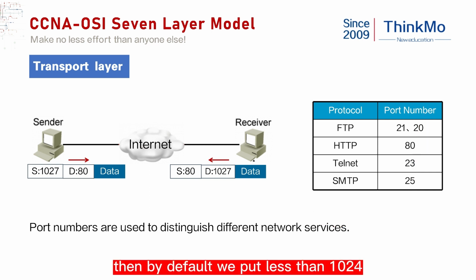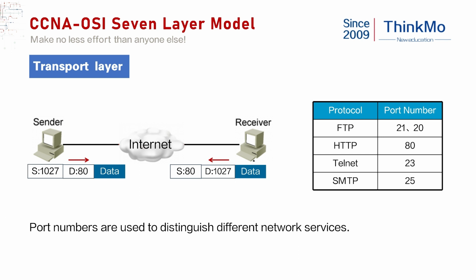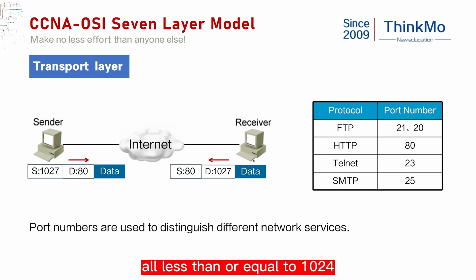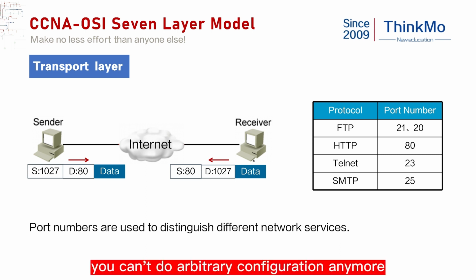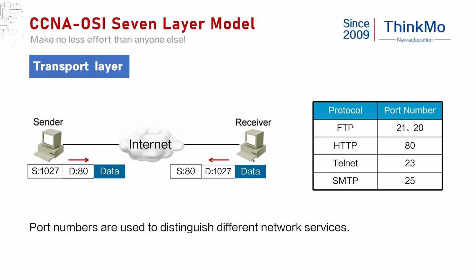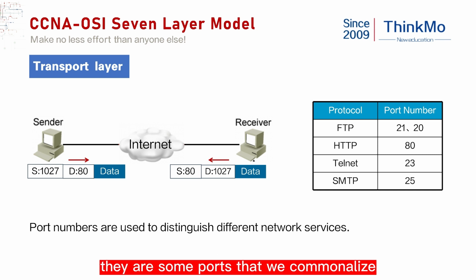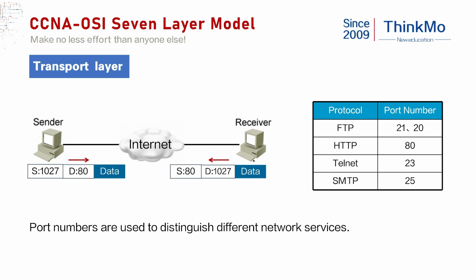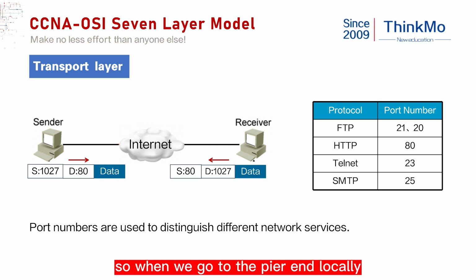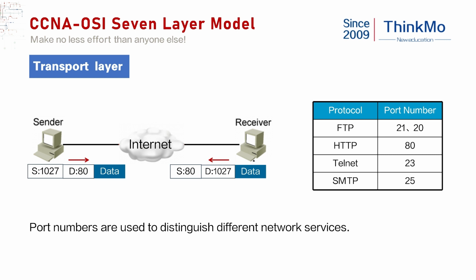By default, all ports less than or equal to 1024 can't be arbitrarily configured anymore. They are ports that we have commonly agreed on. You just say 80, and it's the HTTP protocol. So when we go from local to the peer end, the peer has a port, and you must also have a local port. It uses 1027 here.